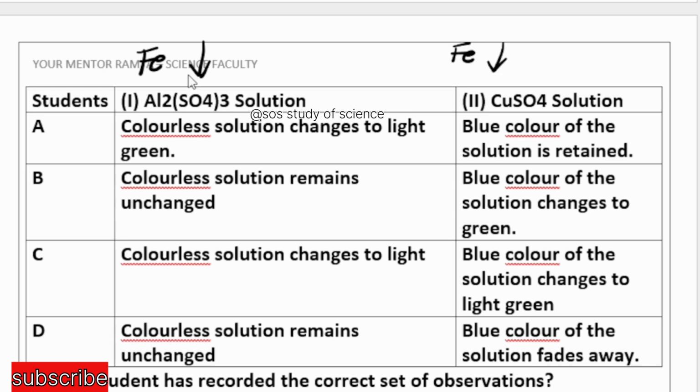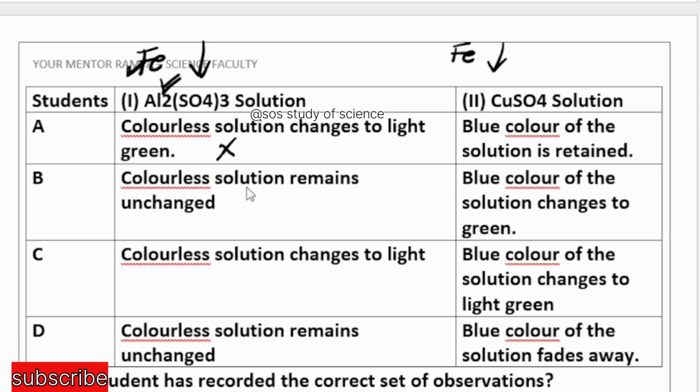Okay, when we add iron to aluminum sulfate, aluminum being more reactive does not show any kind of change with the iron. So you have to look for that kind of option. See, option A says colorless solution changes to light green. Actually no reaction takes place.